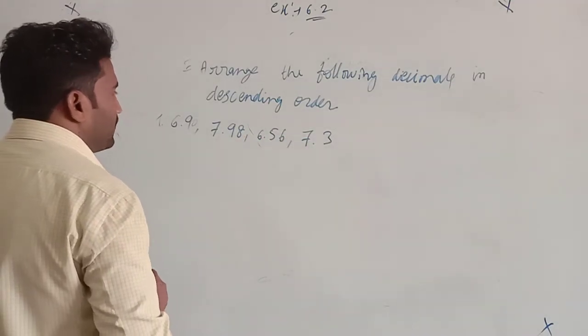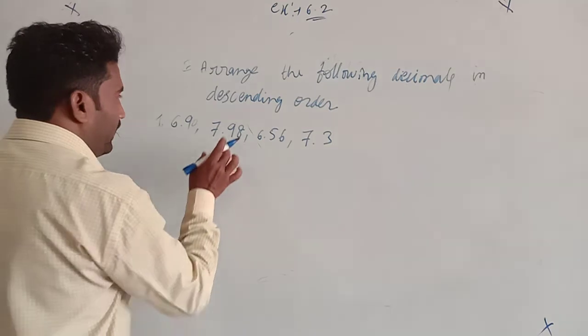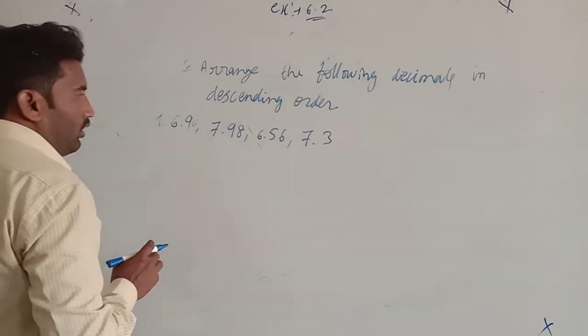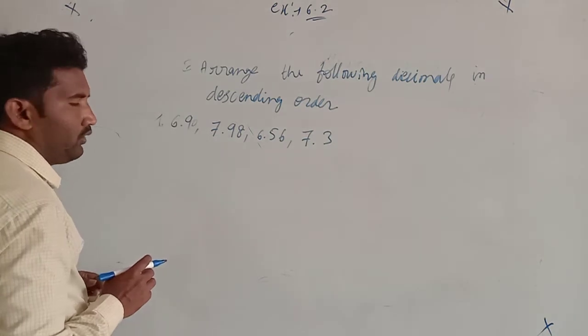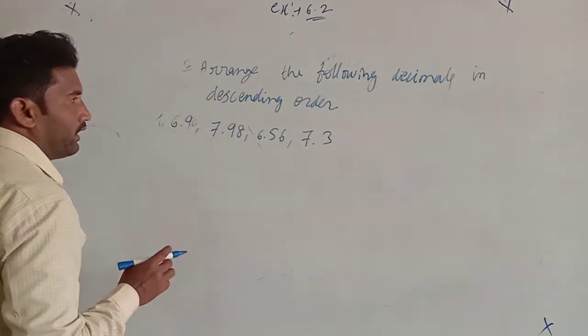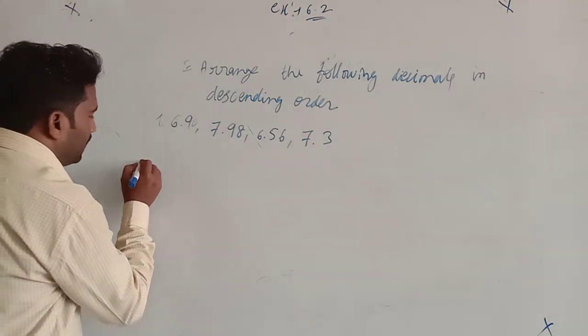So in descending order, we should write 7.98 in first order, because it is greater than all the numbers.